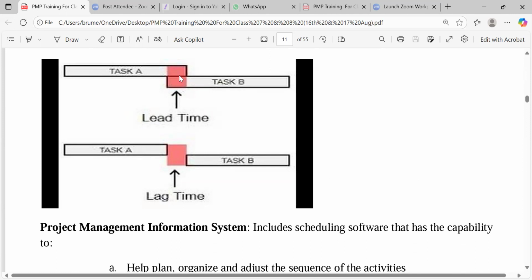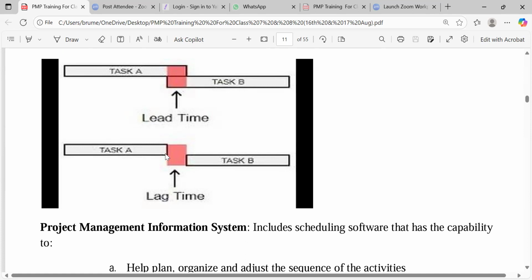Yes. It's showing that we will complete A before we start B, but we will not totally complete A. When we are close to like 1 day, 2 days, 1 week in completing A, we can start B. But they are still in a finish to start relationship.